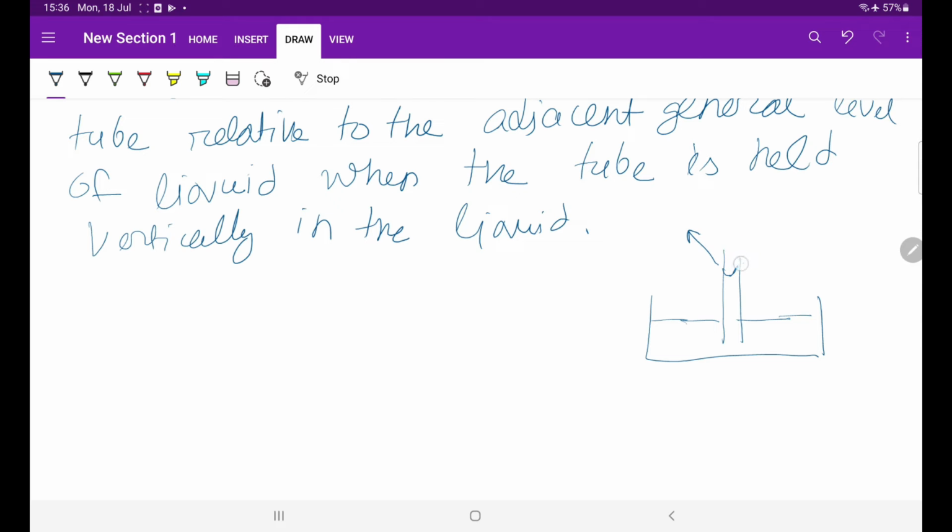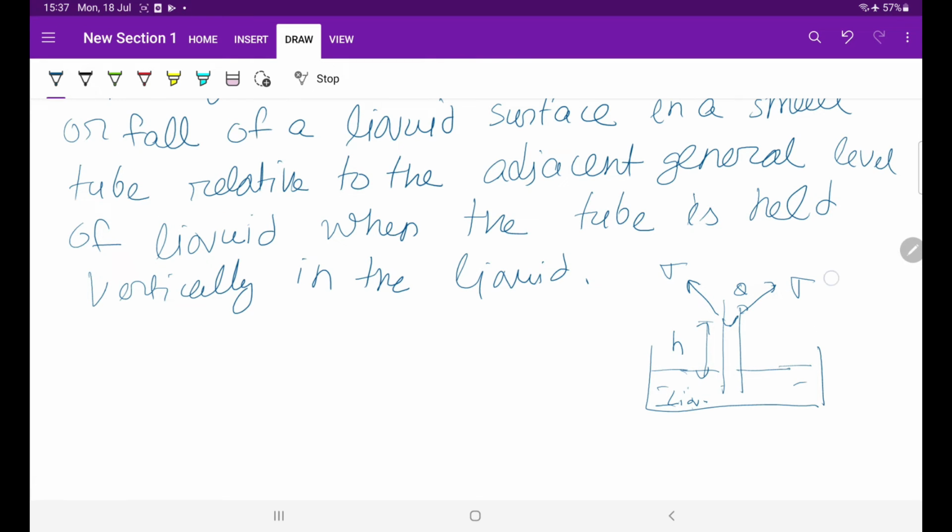So this will be the shape here, and surface tension sigma, this can be called surface tension, and this height is denoted by h. And this angle is also called theta, between the water and the glass tube, or the liquid and the glass. So this is called theta, right?